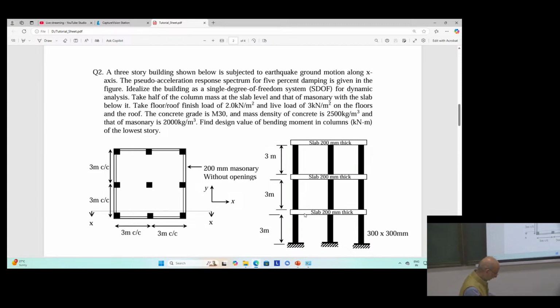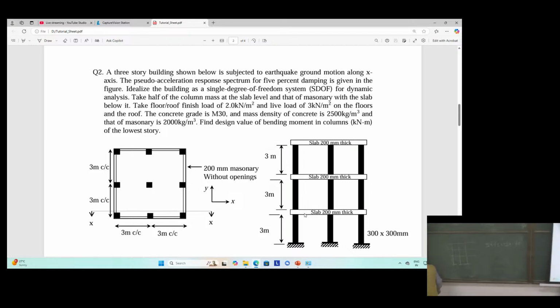So what you do is, first you calculate the weight of the slab, that is mass of the slab. So can you do it quickly? Start.